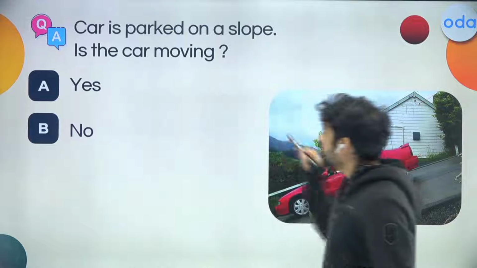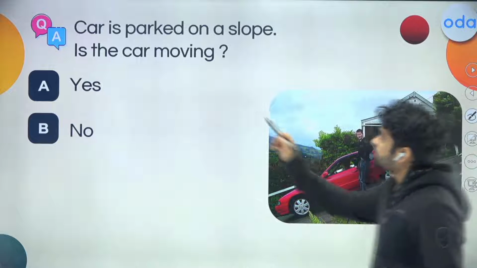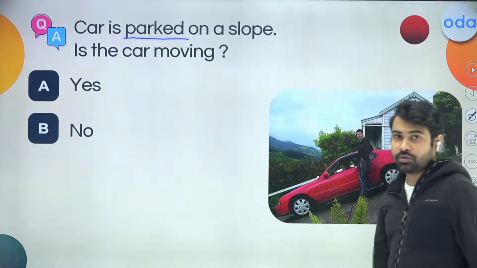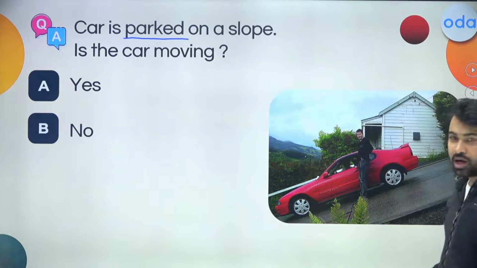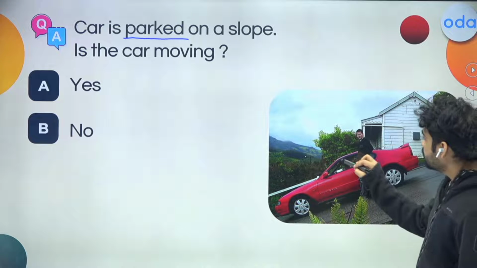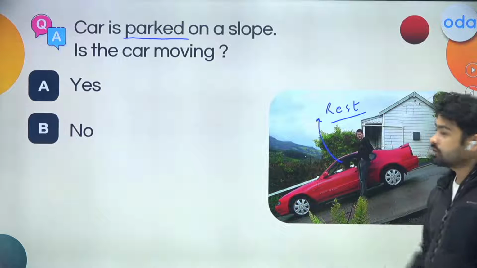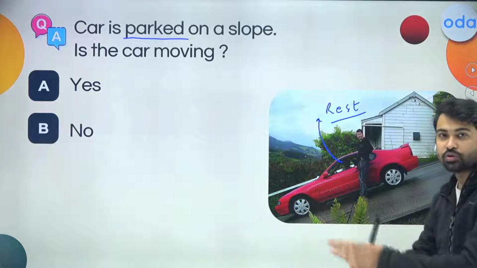The first question that I take just says that there is a car that is parked on a slope, and it's asking is the car moving or not. If this car is parked, what will we say? We can simply say that this car will be at rest, because if it is parked, then nothing moves. In the parking lot, nothing moves. Everything is just meant to stay there.